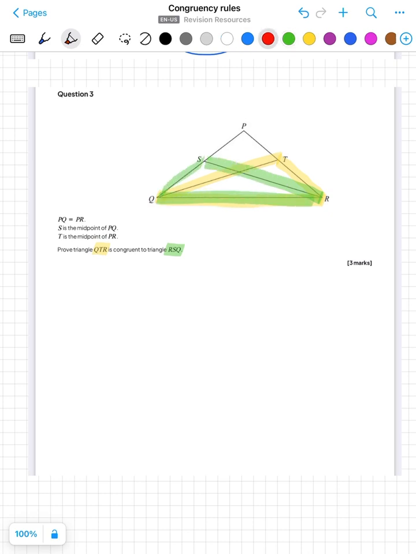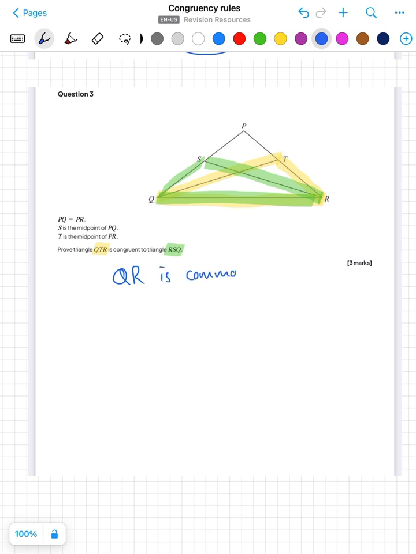What we can see straight away is our side of QR is highlighted in green and yellow, which means it's common to both. So you'll notice once you get started with some of these exam questions, they're all very similar wording. So what we've got there is a side. So this side we have proven to be the same.